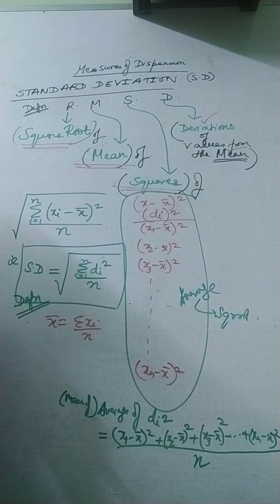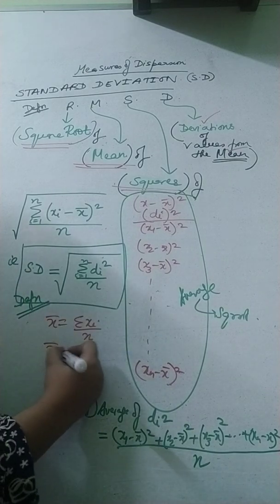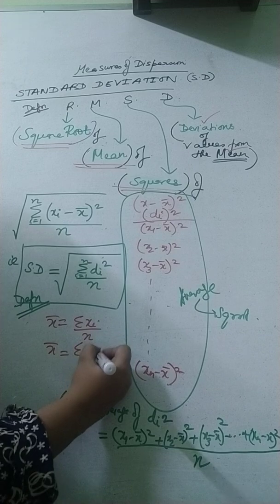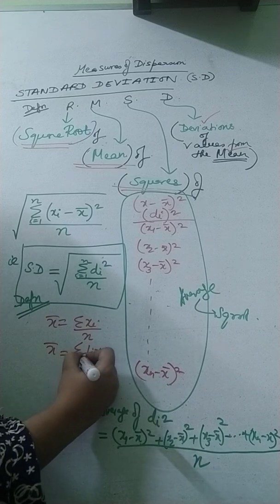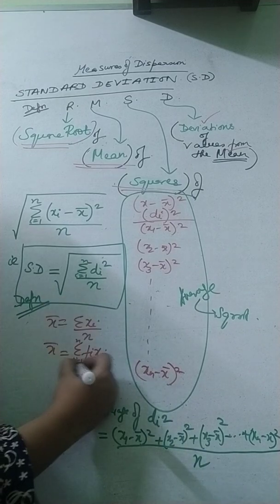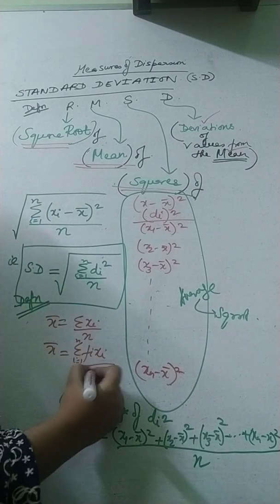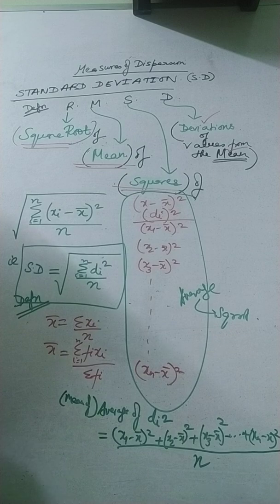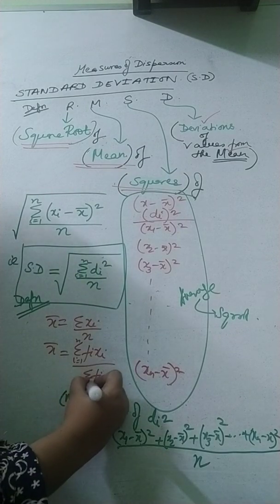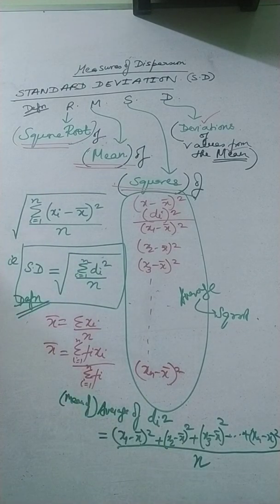But the moment frequencies come in, we do summation fi xi, where i ranges from 1 to n, it's understood, even if you don't write it, it's okay, divided by, sorry, not this n now, it is summation of fi, which can be denoted by capital N. So this is what replaces the x bar formula. Basically it's the same, but we write it symbolically like this.